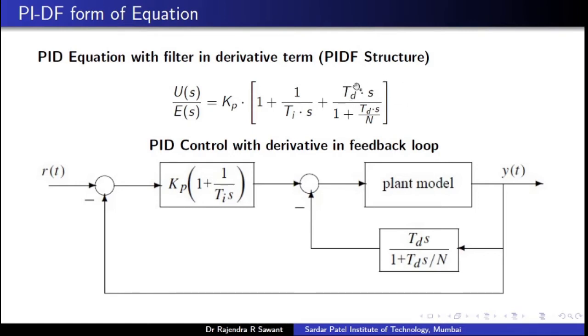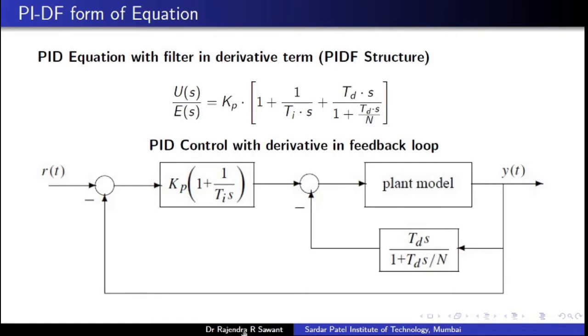So in order to filter out that noise, one can also add a pole here or a low pass filter to the derivative term. Okay, so this term is modified. Earlier it was Td into s, but now we have added a pole here, 1 plus Td s upon N, where N is an integer number, it may be 10, 20, 100, etc. So Td is basically the same derivative time constant.